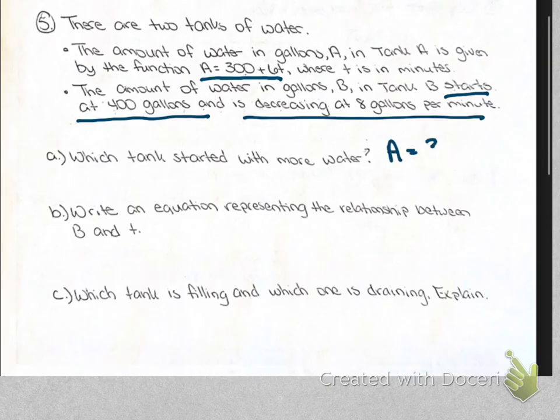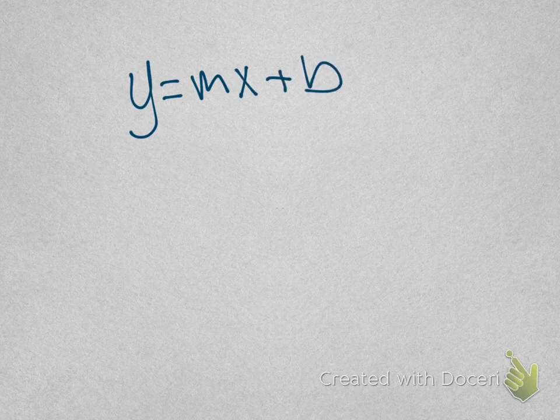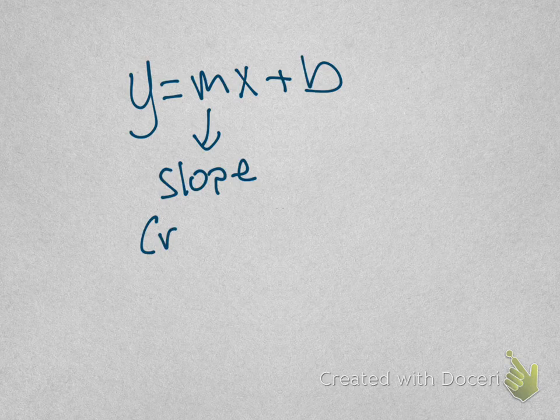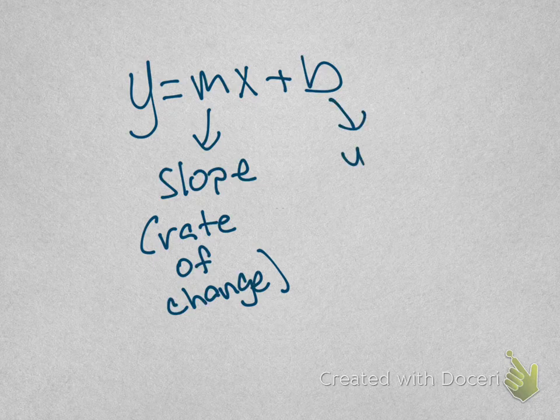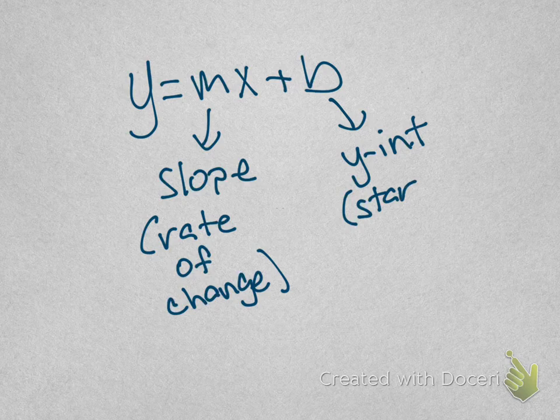A equals 300 plus 16t. Alright, this equation is still written in y equals mx plus b form. Okay, so remember, y equals mx plus b. M represents your slope, which is your rate of change. B, remember, is your y-intercept, which is your starting point.